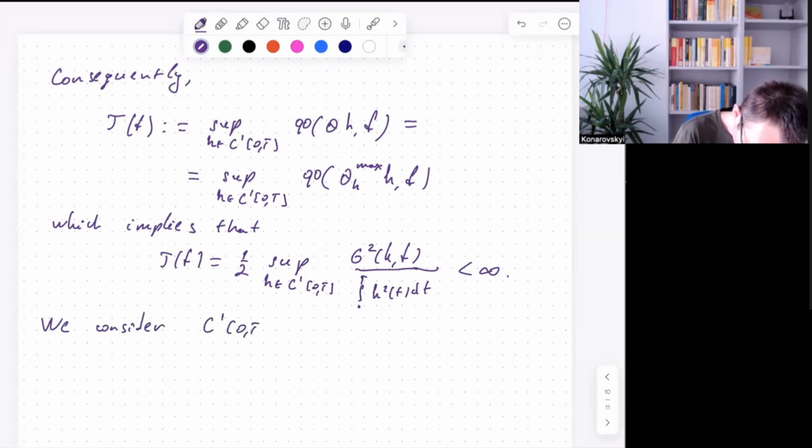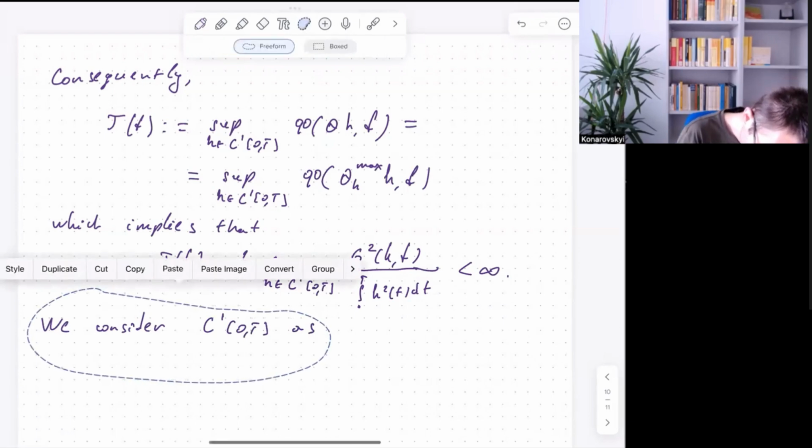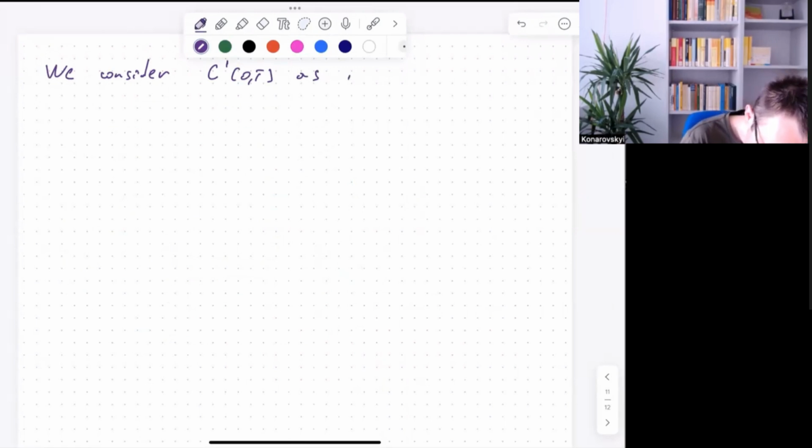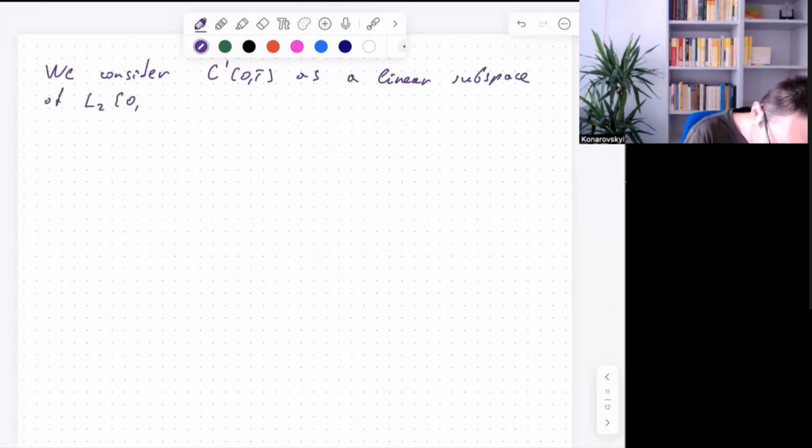So we consider C1 of 0 to t, maybe I will go to another page. And we consider that space C1 as a linear subspace of L2 of 0 to t, which is dense in L2 of 0 to t.